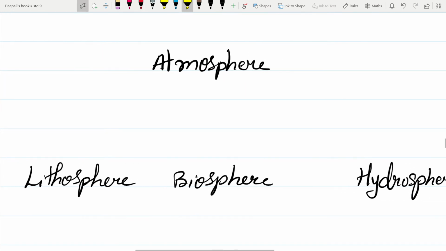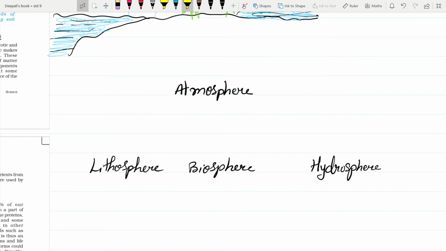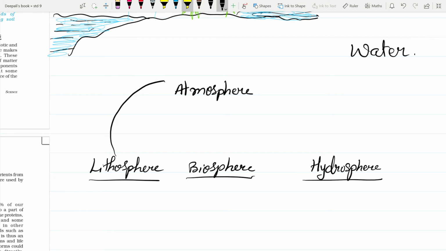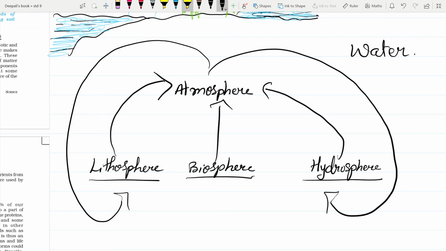Now, this is the pathway for the flow of water. Water is flowing, so it is called water cycle. Now, this water which is present in lithosphere, biosphere, hydrosphere goes to the atmosphere, and from the atmosphere it comes back to the hydrosphere, to the lithosphere and to the biosphere again. And so the cycle of water is completed.